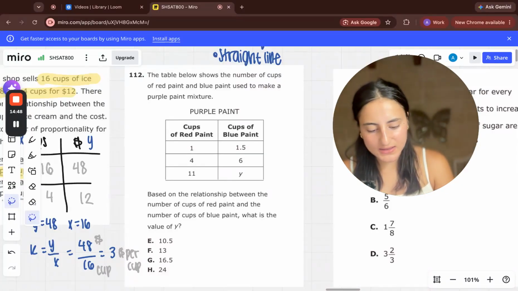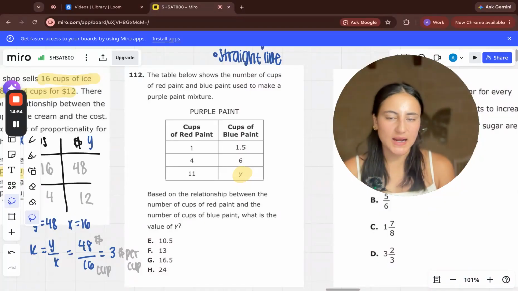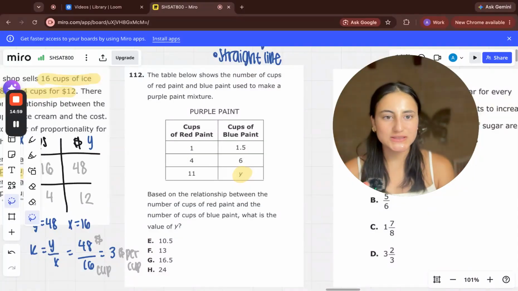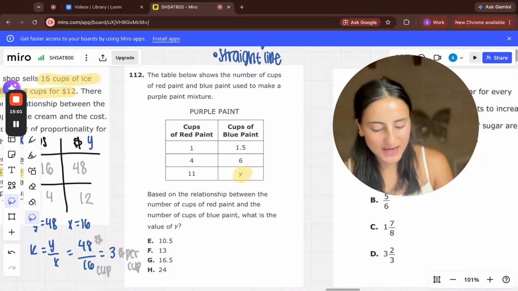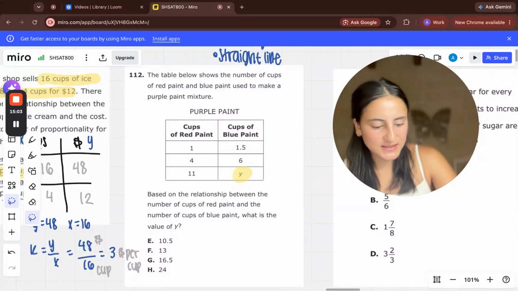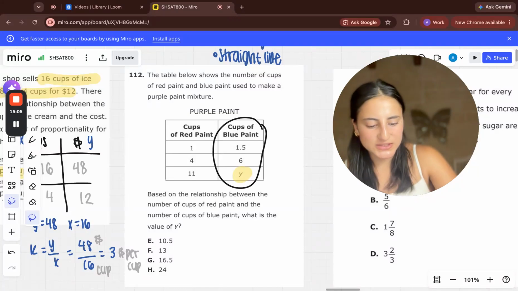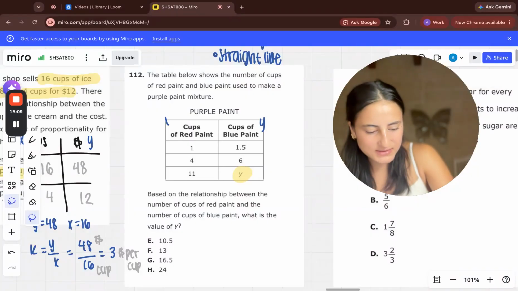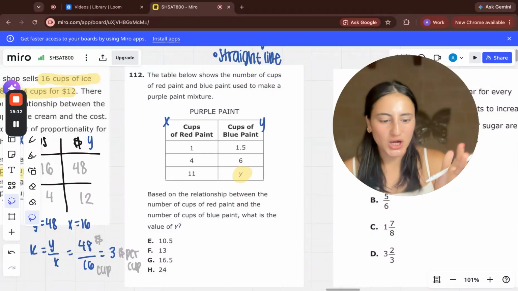So y is the missing value here. What I'm thinking automatically is, I want to find that constant of proportionality, which is k. In this case, these are the y values and these are the x values, so I'm going to label them y and x and find the constant of proportionality.